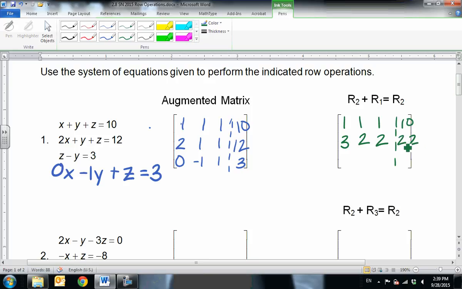Are we changing anything about row 3? Nope. So just copy it back down. You got it? Okay. It's not super hard. It's real straightforward. We're just practicing something that's going to make a little more sense tomorrow.